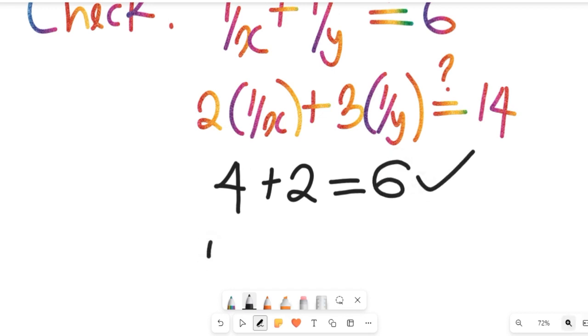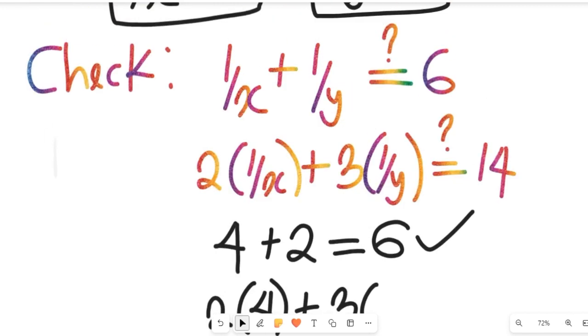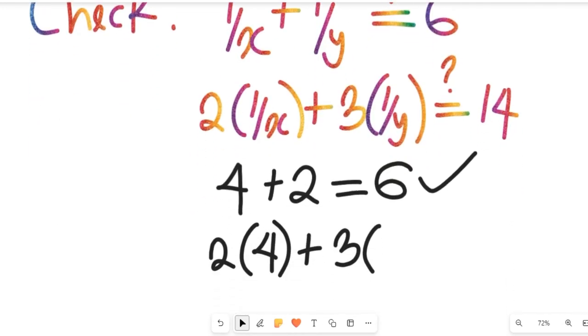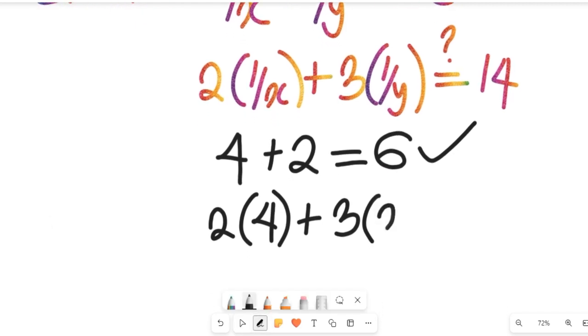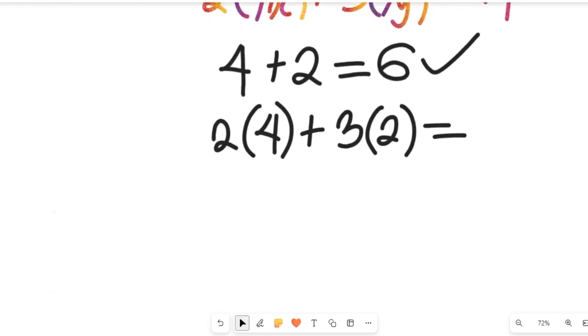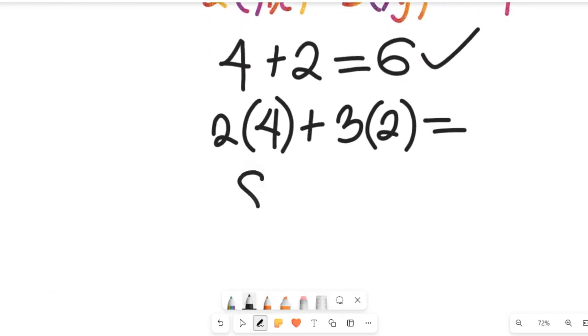While for the other one, we have 2 multiplied by 4 plus 3 multiplied by 2. Is it going to give us 14? Let's test it. 2 times 4 gives us 8, plus 3 times 2 gives us 6. So this plus this is equal to 14.